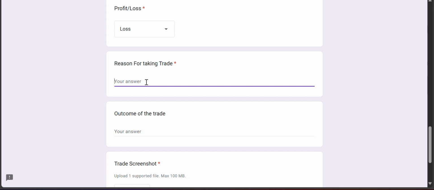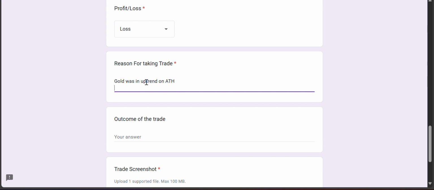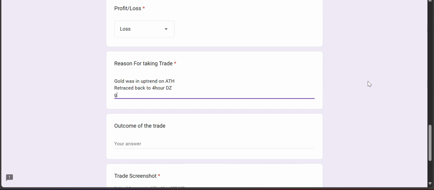Reason for taking the trade: gold, all-time high, trend on all-time high, retraced back to 4 hour demand zone, gave confirmation on 15 minutes time frame.